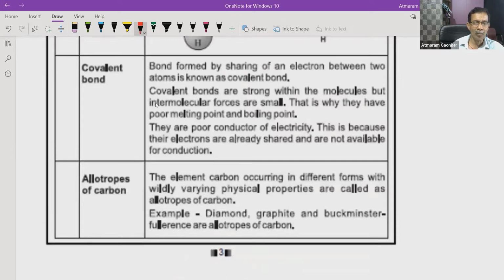And covalent bonds are strong within the molecule, but intermolecular forces are small. So between the molecules, they are loosely attached, and that is why they have poor melting point and boiling point.